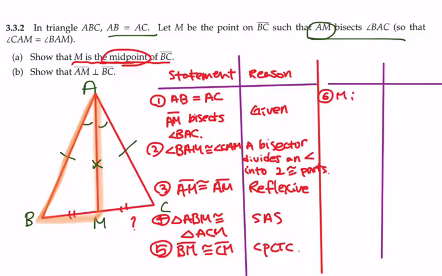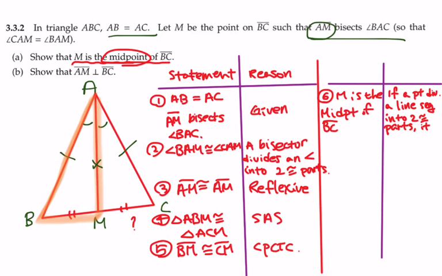Then number 6, now we can say M is the midpoint. How are we going to show that M is the midpoint? Because it created two equal line segments on the same line, along one line segment. Now, let's look at the next one. As you're thinking about the next one, it must be a midpoint.